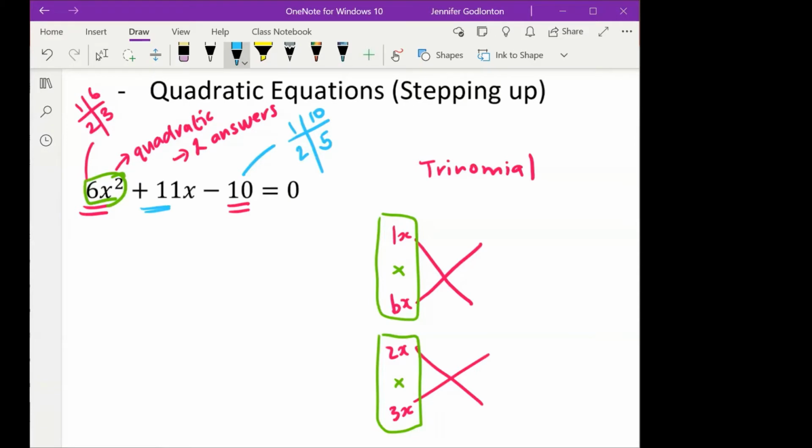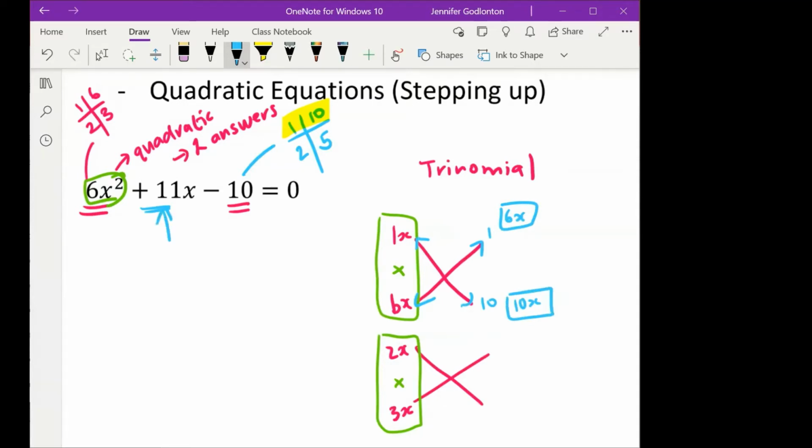So let's try first dealing with this factor pair and see if it gets us anywhere. Okay, if I put a 1 here and I put a 10 there, remember we multiply diagonally. So I'm going to have 6x times 1, which gives me 6x, and 1x times 10, which gives me 10x. Now, if I have 6x and 10x, do I have any hope of getting to 11x?